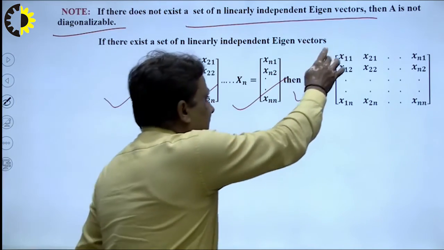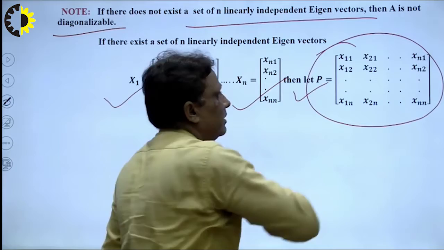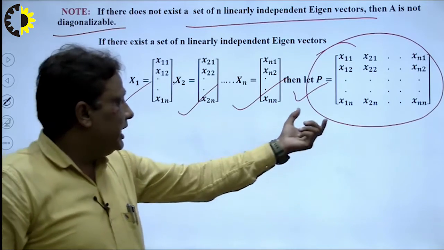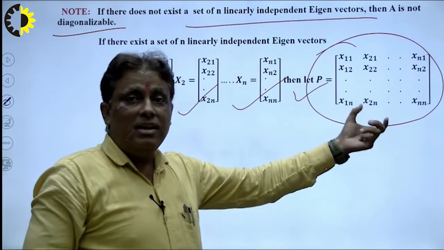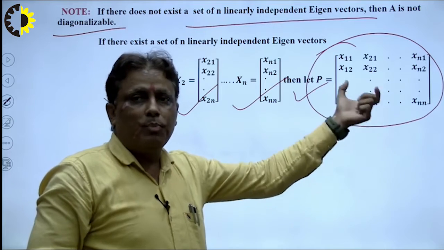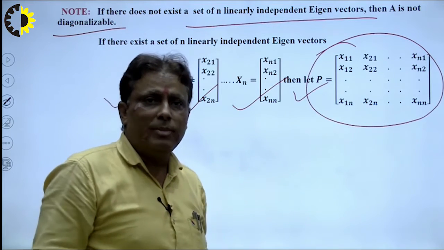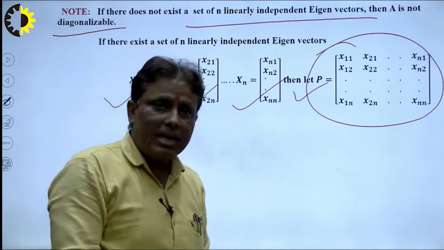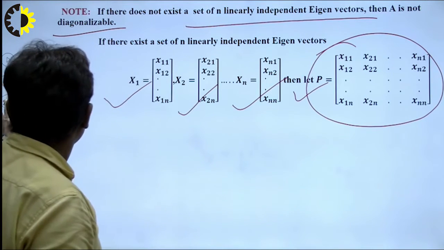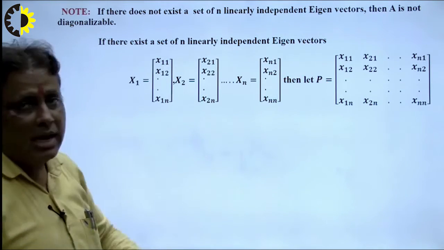So we prepare a model matrix P. Suppose n eigenvectors do not exist, then P is not possible, so it is not diagonalizable. It is diagonalizable only when we calculate n eigenvectors.